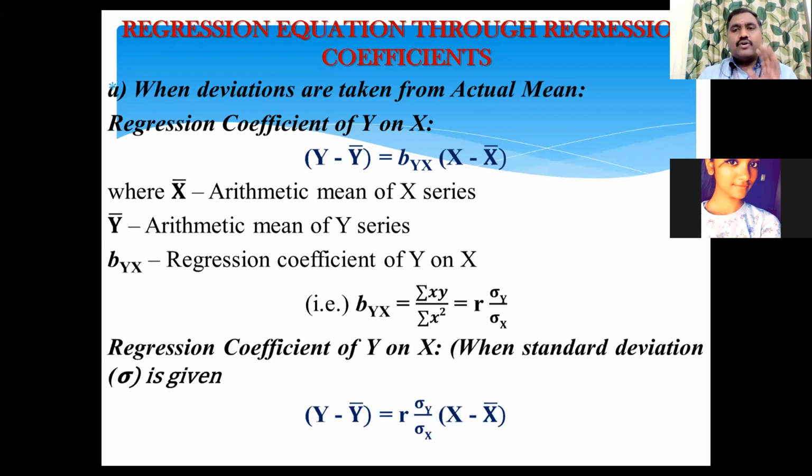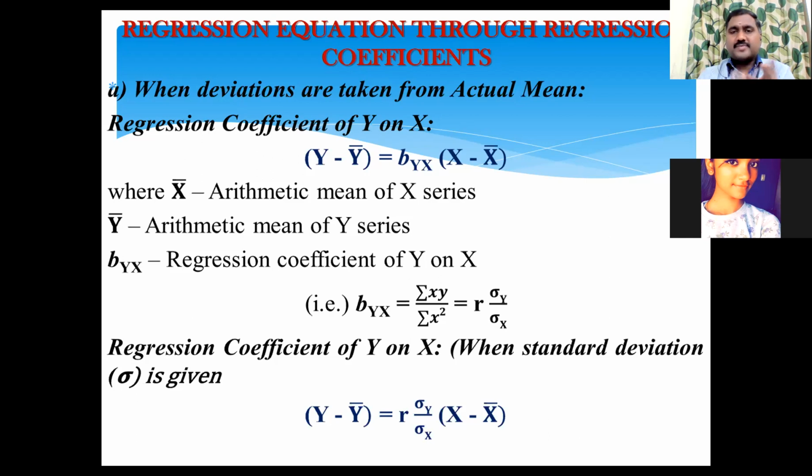The regression equation through regression coefficient is this formula: y minus y bar equals b of yx into x minus x bar. In that, byx is summation xy by summation x square, or r into sigma y by sigma x. We can use both formulas, but what I told you is, if in the problem they didn't give the sigma value at all and gave only x and y, you have to use summation xy by summation x square only.